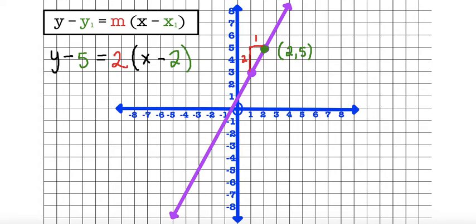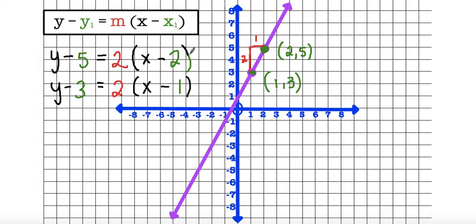And that's it. Now, if I did want to use the other coordinate, my coordinate here is 1, 3. I could use that one, and so I'd end up with y minus 3 is equal to, my slope is still the same, so that's 2, x minus 1, and that's it.